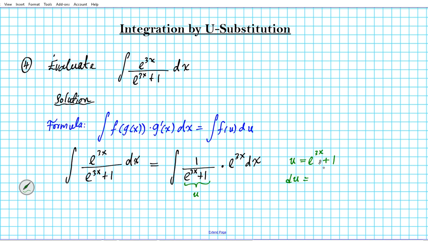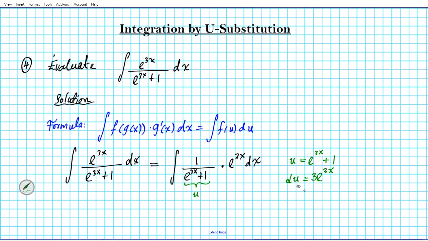Derivative of the outer function is e to the u. So the derivative of the outer evaluated at the inner is e to the 3x. And then we're going to multiply that by the derivative of the inner function, which is 3. The derivative of 3x is 3. Plus the derivative of 1 is just 0.